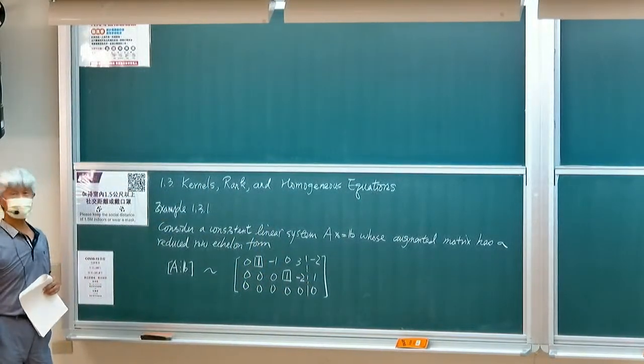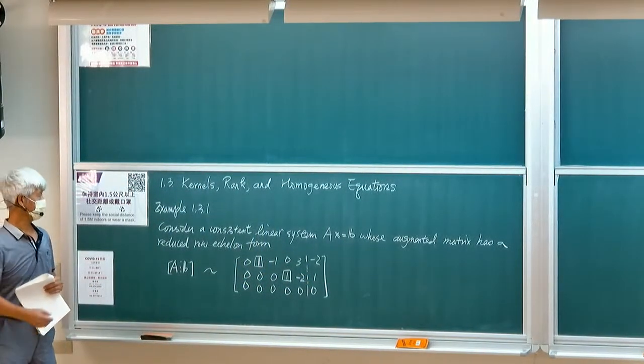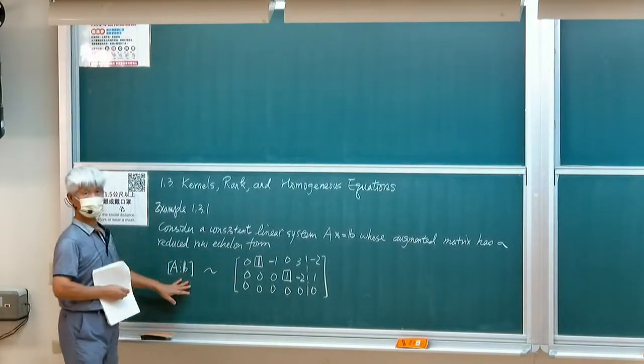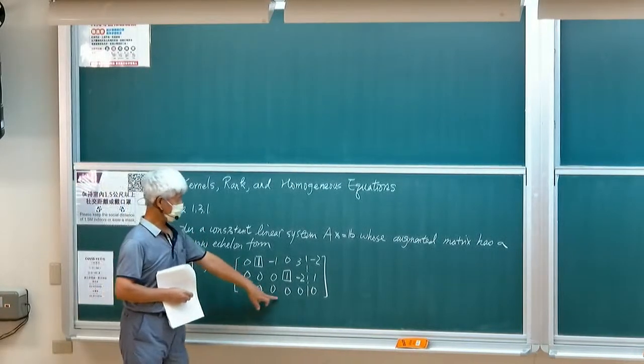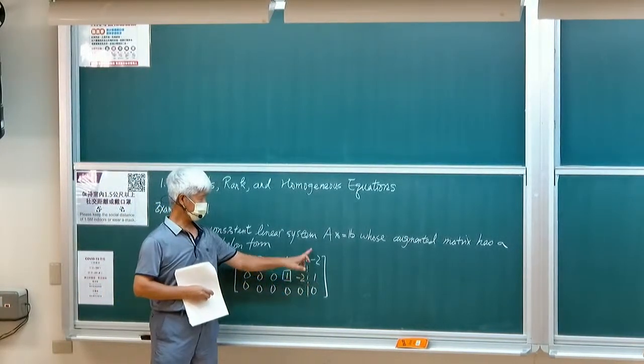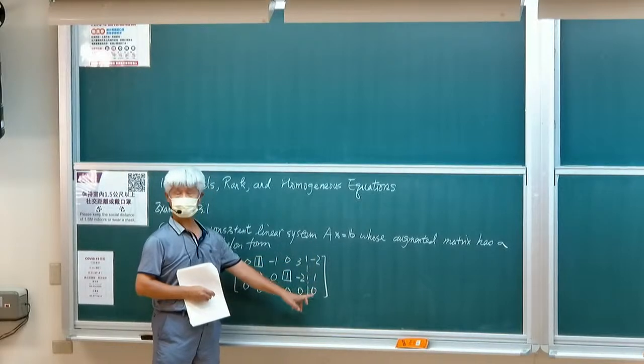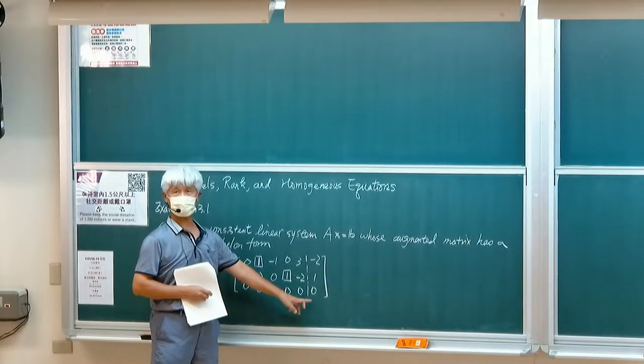As we know from the last section, this linear system is consistent if and only if the last column cannot have any pivot.